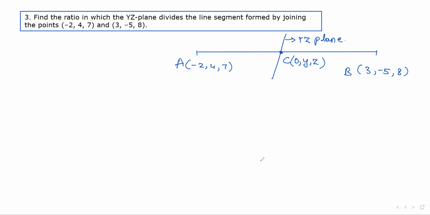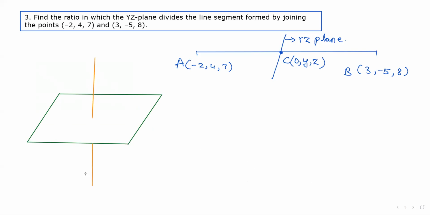Now another way of looking at the same figure would be drawing the plane first. Let's try to get a better picture of it. If this is your plane, okay, it looks more like a rectangle, so wait a second. Something like this is your YZ plane. And you have a line segment. That means there is a line, this is your point A, and this line is cutting this plane and then emerging from the other side.